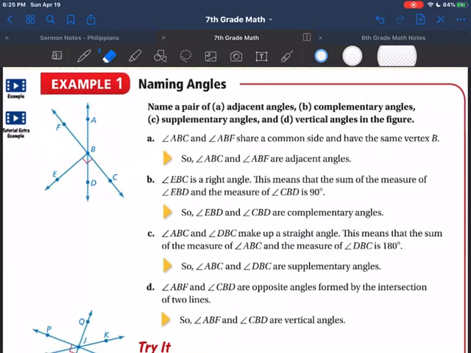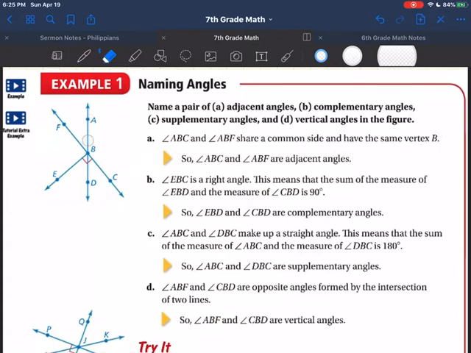I left the words on here for a reason because I want you to get used to looking at these properly. So angle ABC and ABF share a common side and have the same vertex B, so they are adjacent.